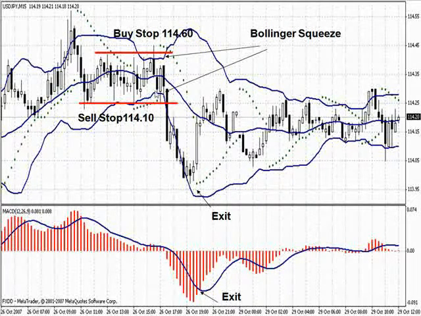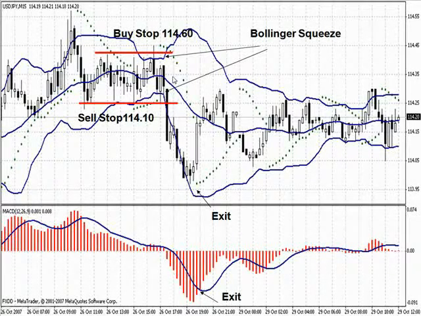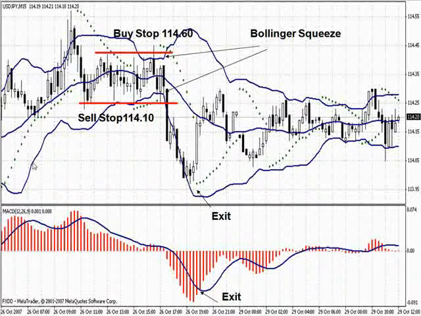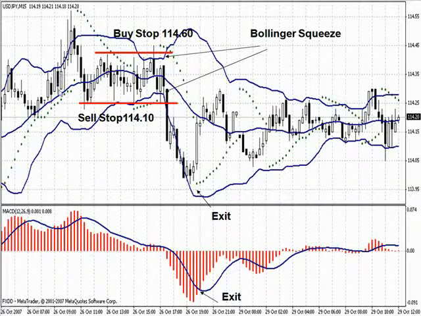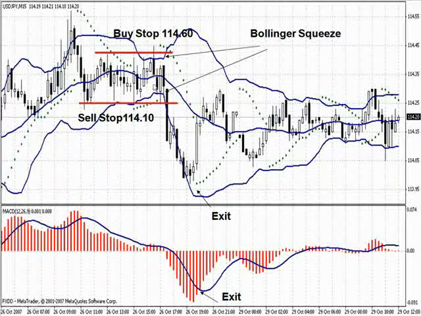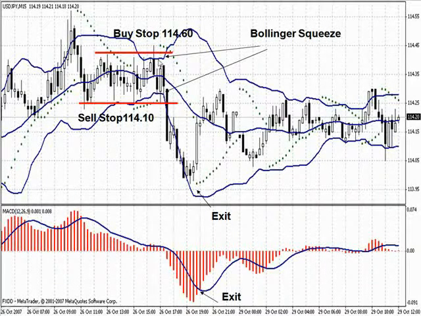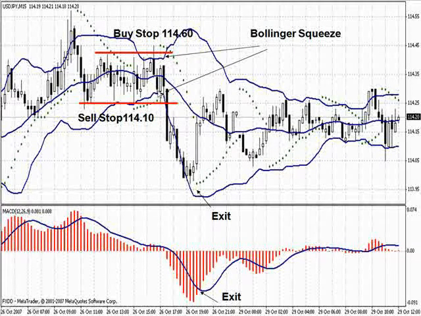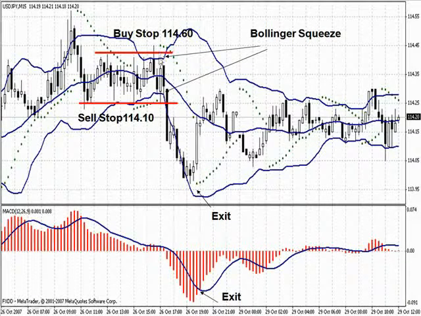Now I have also included in this chart the Bollinger Bands, and you notice the Bollinger Bands are way apart over here, but suddenly the distance starts to narrow down and they get closer to one another, the upper band and the lower band. When they get close to one another, it's called a Bollinger Squeeze.